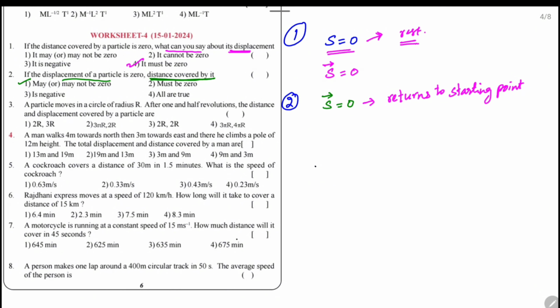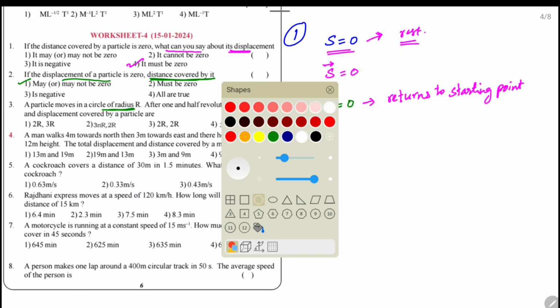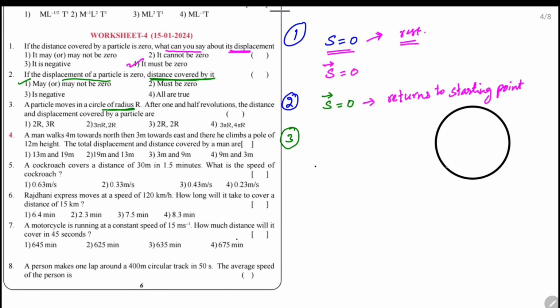Clear? Right. Now, third question. A particle moves in a circle of radius r. Let me take the circle as this is our circle. What is the radius given here? r is the radius.